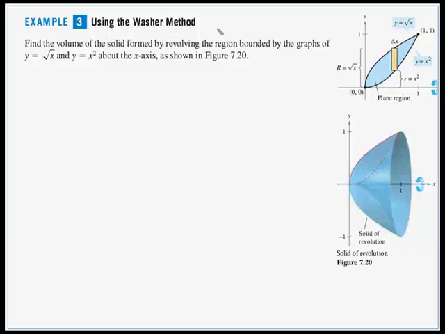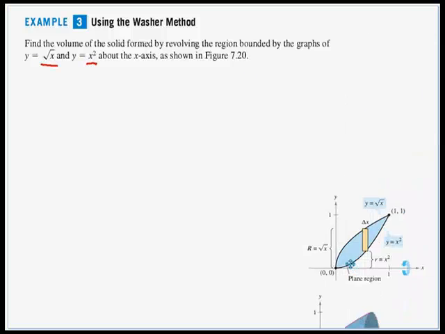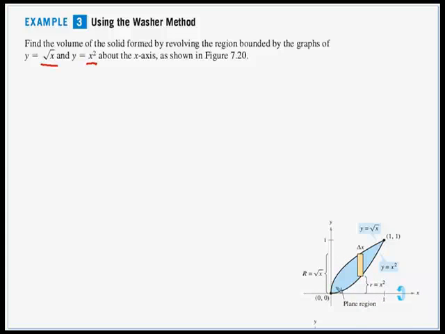So let's use the washer method here in example 3. Find the volume of the solid formed by revolving the region bounded by the graphs of square root of x and x squared about the x-axis as shown in the figure. So we're here between 0 and 1 on the x-axis and 0 and 1 on the y-axis. Of course, these two functions are going to intersect at 1, 1.